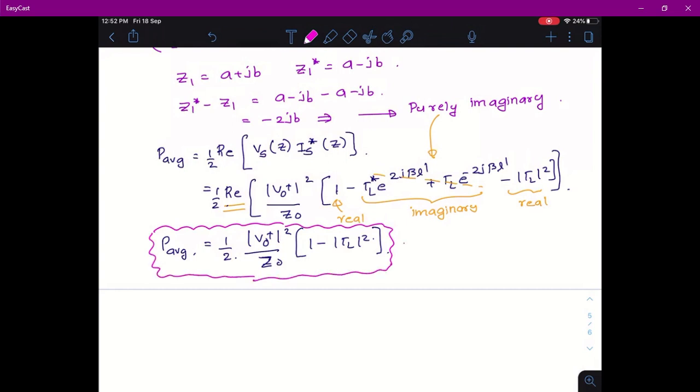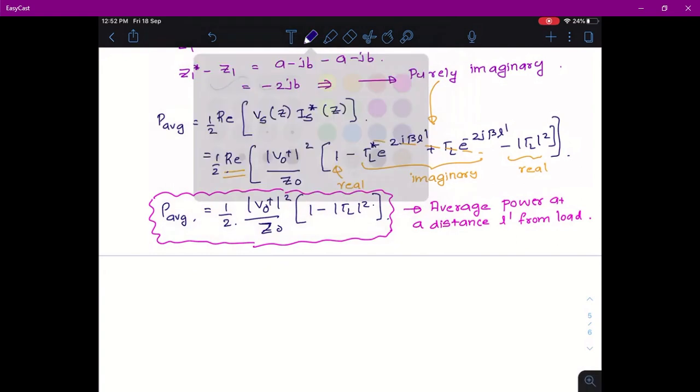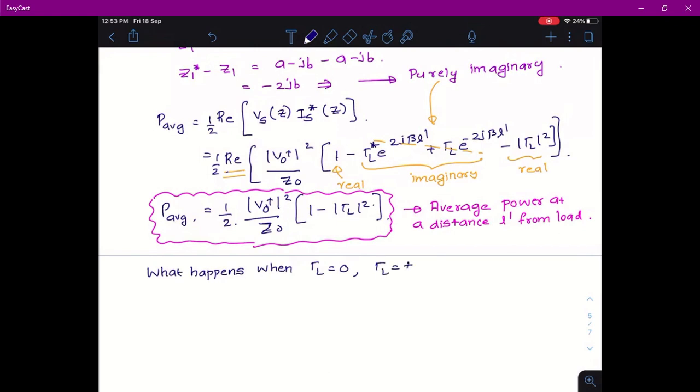So, this gives you the average power at a distance L dash from load. Okay. So, you can find out what happens when tau L is equal to 0, tau L is equal to plus 1 and tau L is equal to minus 1.